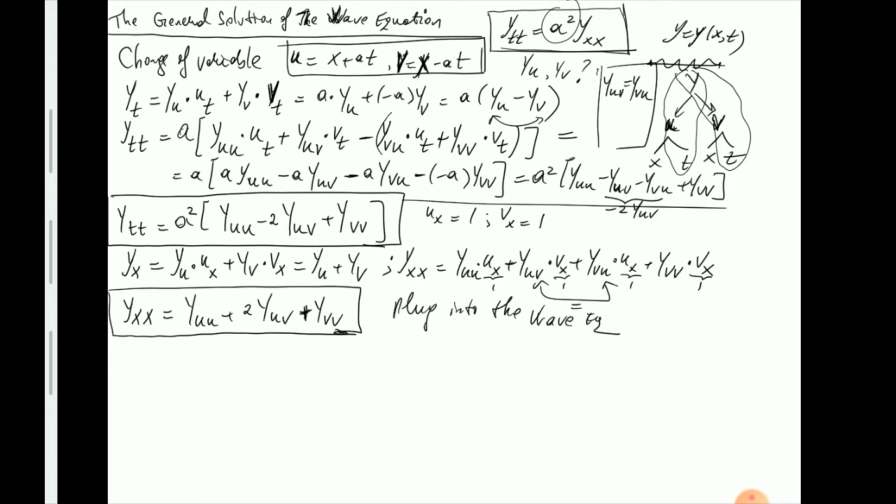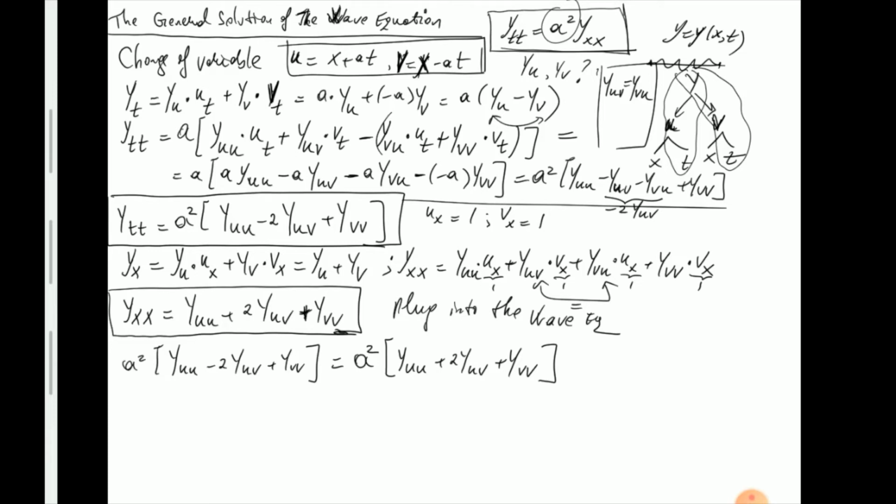So on the left side, we have a squared and that big parenthesis. On the right hand side, we had already a squared in the equation times yxx, which is replaced by its equivalent form in terms of u and v.